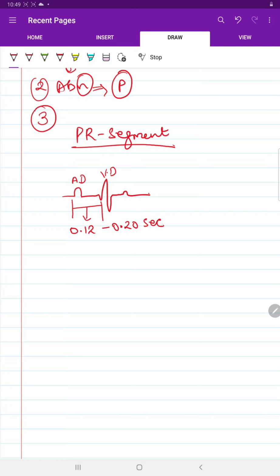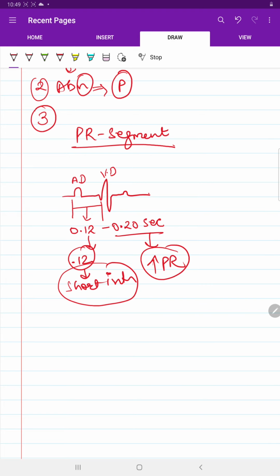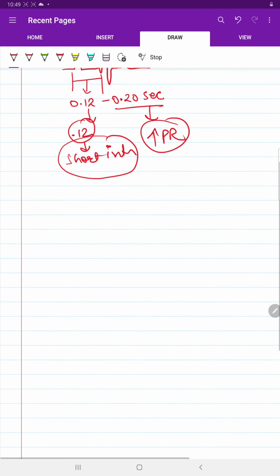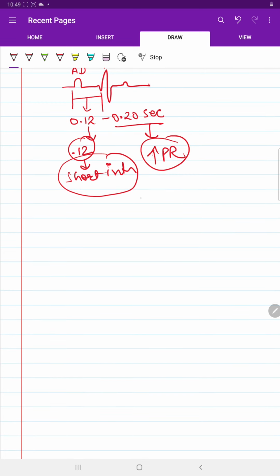If the time duration is less than 0.12 second, then there will be a short PR interval. If the time duration is more than 0.20, then there is an increased PR interval. Both conditions have diseases, so we are going in a flowchart manner. You can see the diseases of short PR interval and long PR interval.